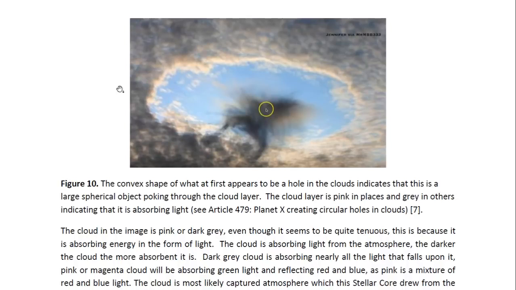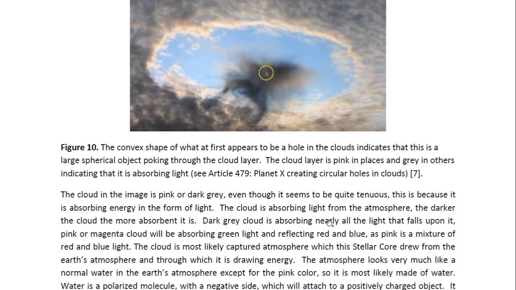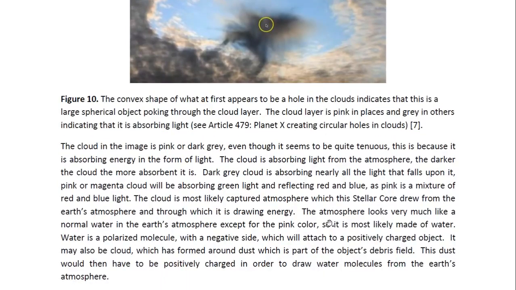And you can see that there's this cloud around this object, and this cloud layer is pink in places, quite pink here, and gray in others. It's dark gray here. And this indicates that this cloud is absorbing light. So it's of course associated to Planet X matter in the Earth's atmosphere. So the cloud in the image is pink or dark gray, even though it seems to be quite tenuous, quite diffuse here.